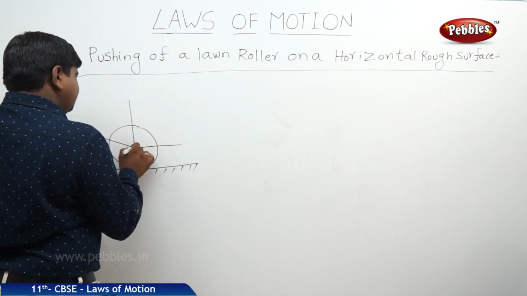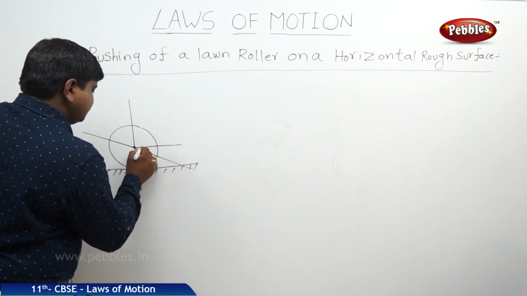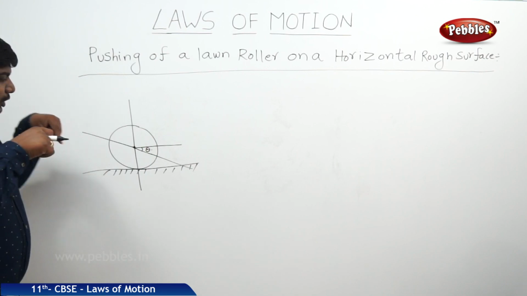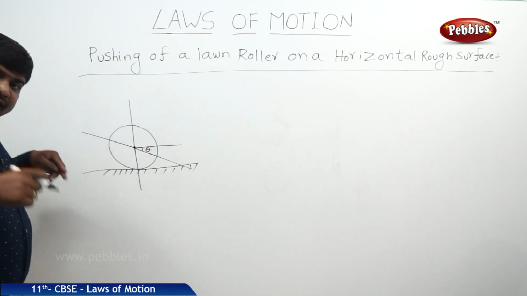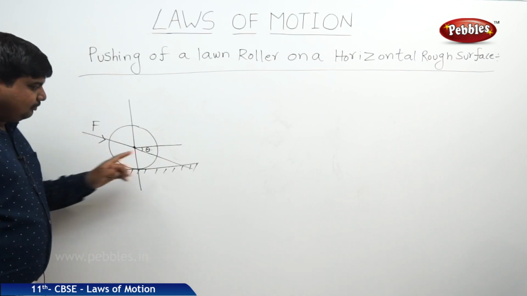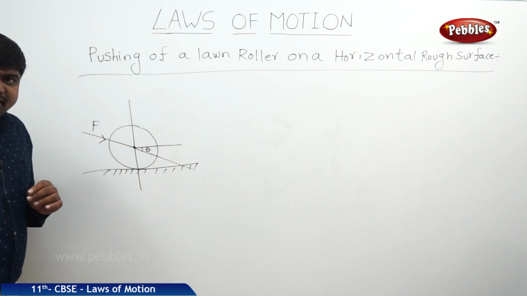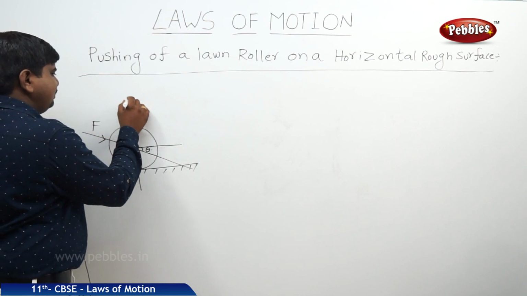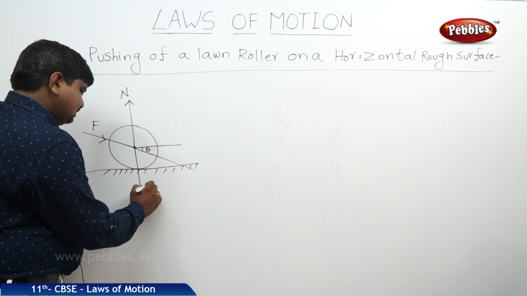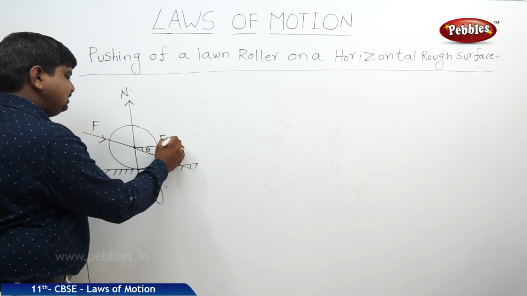This is the normal reaction force and this is theta. It means the handle support is making an angle theta in the forward direction with the horizontal line which passes through the center of the land roller wheel. So the normal reaction force is like this. This is mg. This is F cos theta.